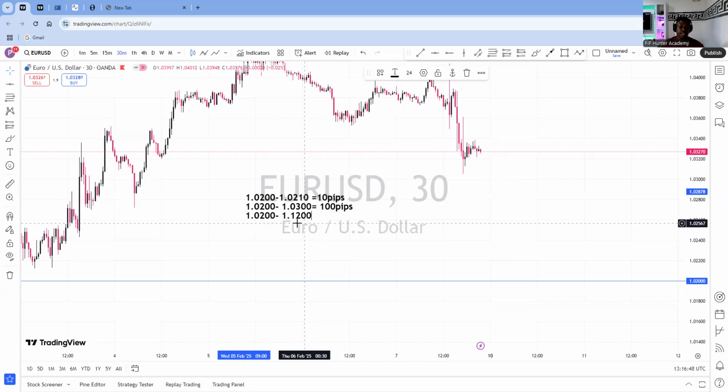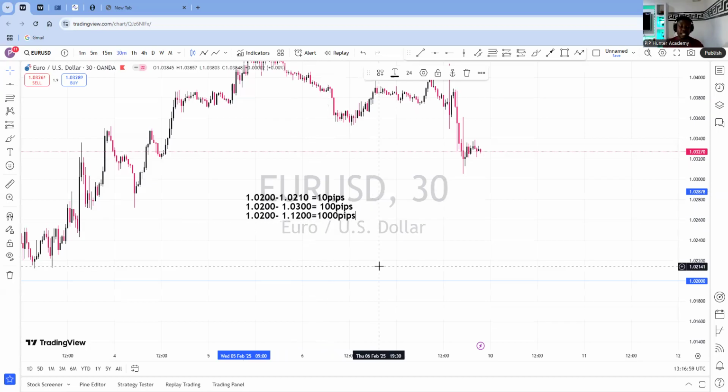This stands for 1,000 pips. So basically, this is how it goes. If you have this idea in mind, then you should be able to calculate every pip.